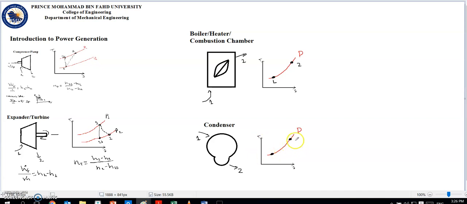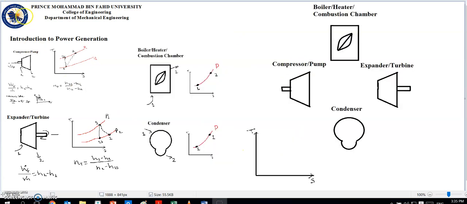So on the TS diagram, we start from high temperature to low temperature 2. So now, with the 4 simple components we learned, the compressor, the boiler, the expander, and the condenser, we can put together our first simple power generation plant.